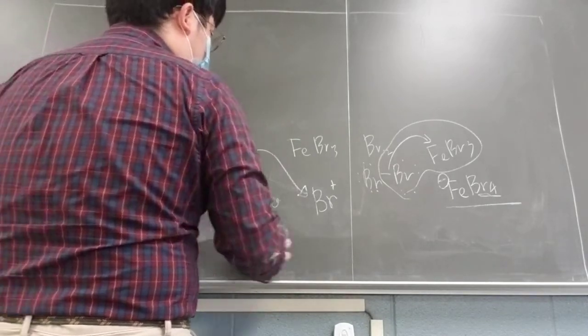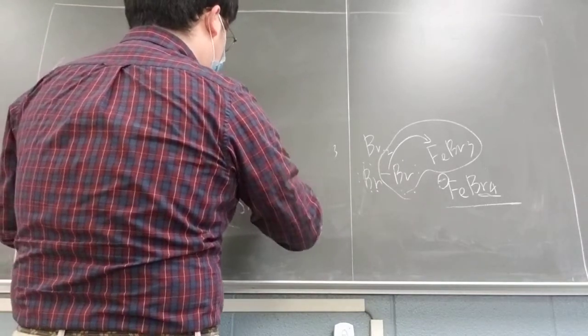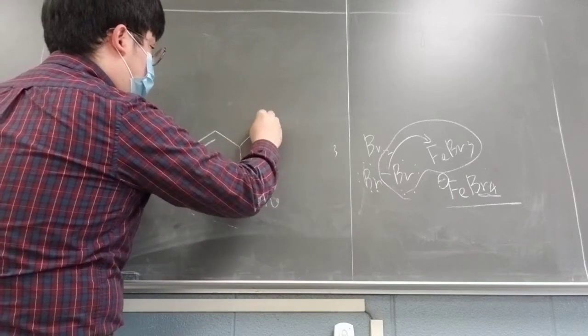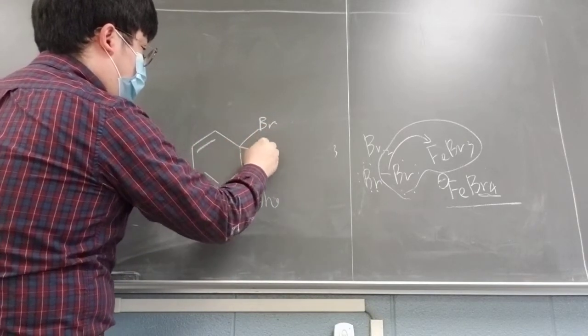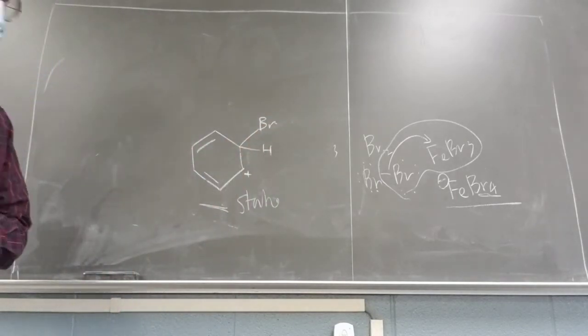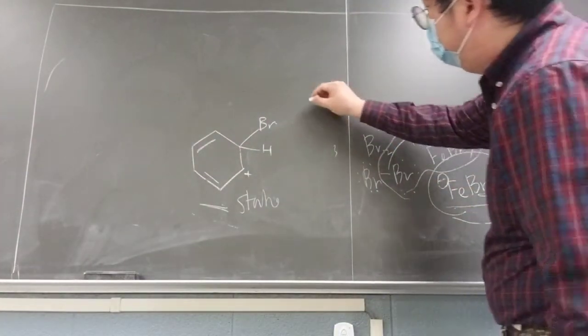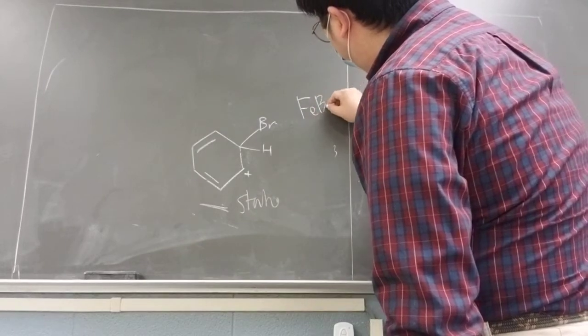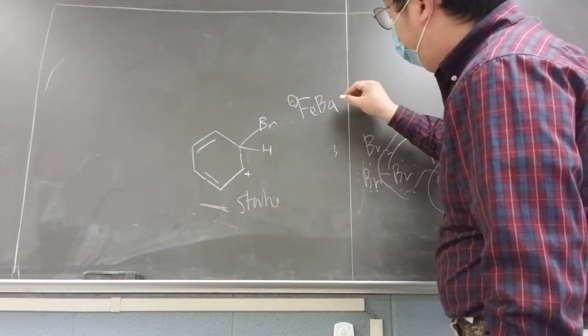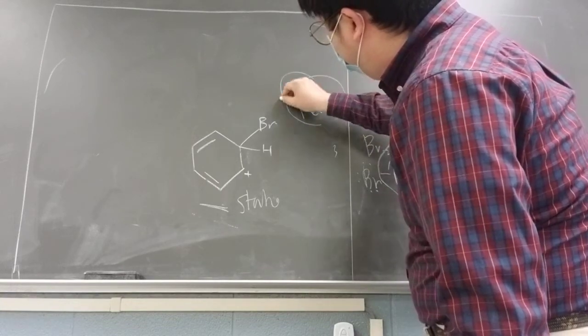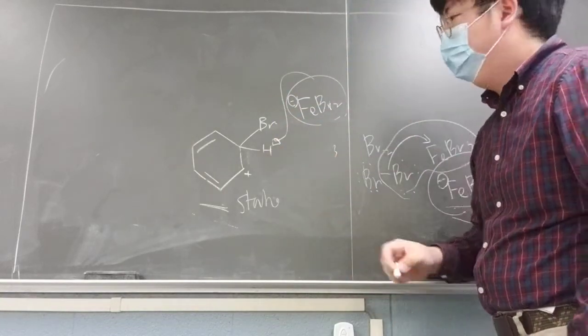Okay, so now the double bond is gone, right? And this is now here, over here, right? Now we're here, and then you have this one over here, right? And the charge, and one of the bromines in here will grab the hydrogen.